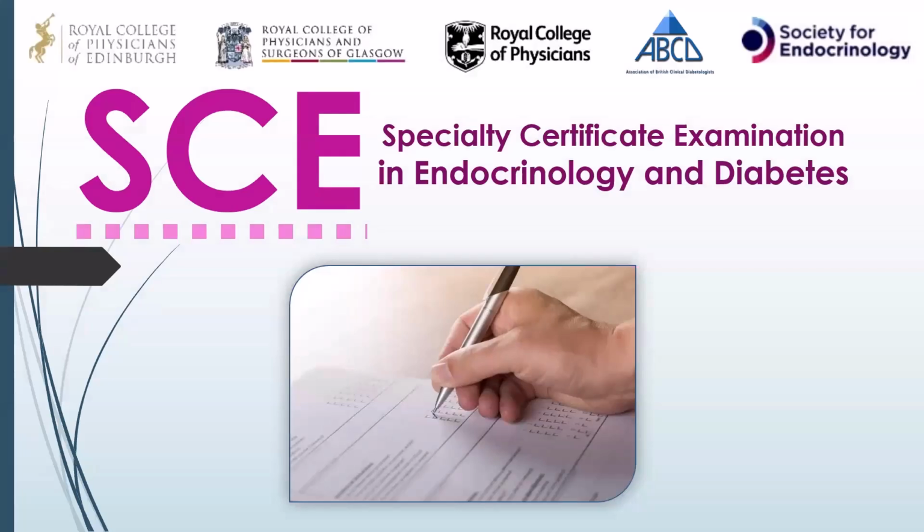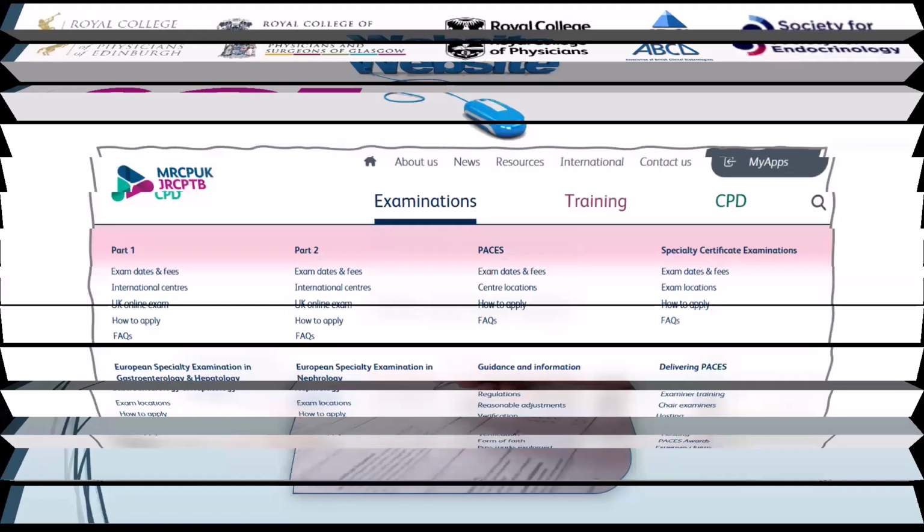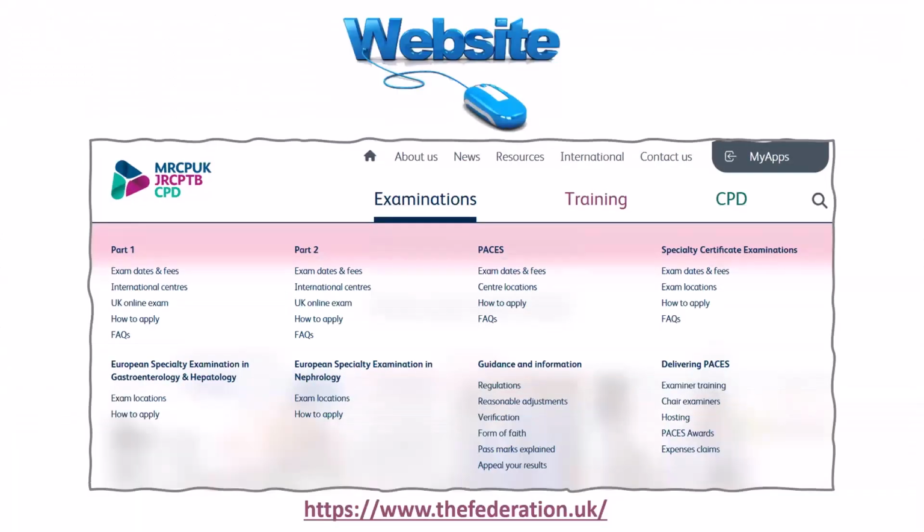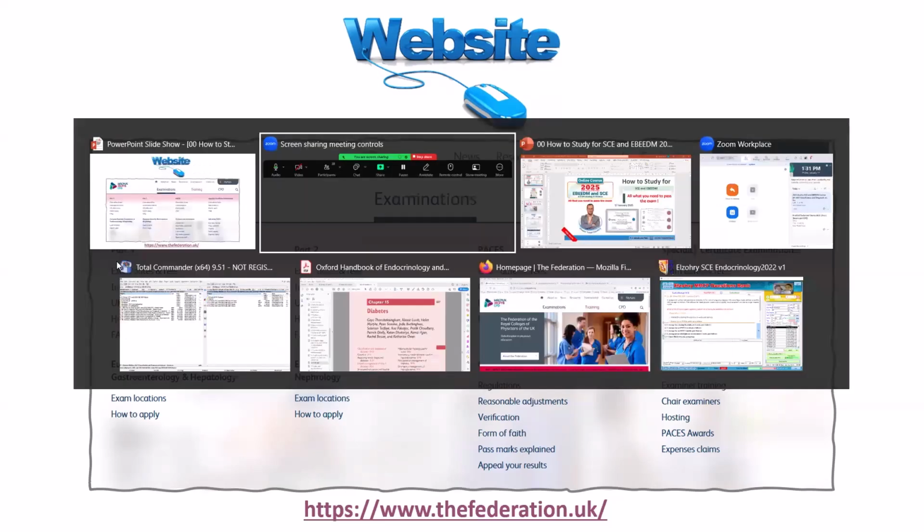At the beginning, the Specialty Certificate Examination in endocrinology and diabetes mellitus. This is a specialty certificate examination related to the MRCP UK, and this is the official website for the SCE in endocrinology and diabetes. If we go to it online, this is the official website.